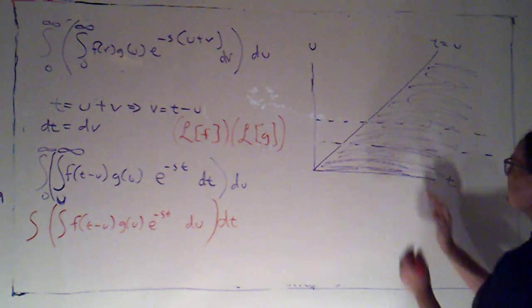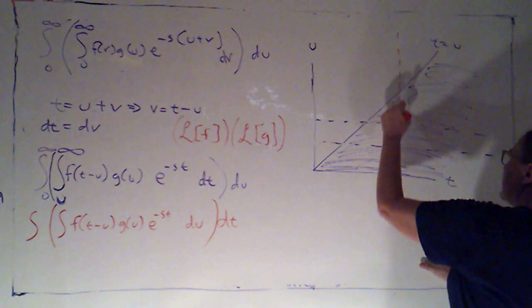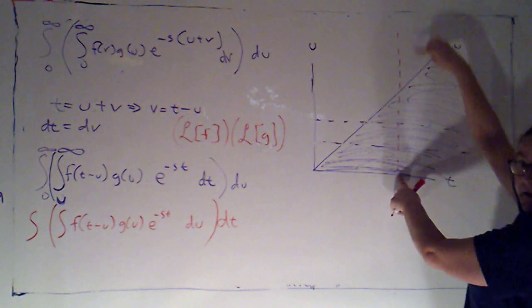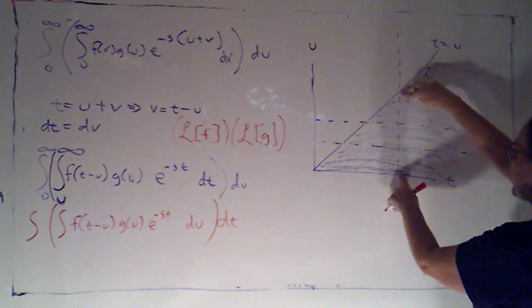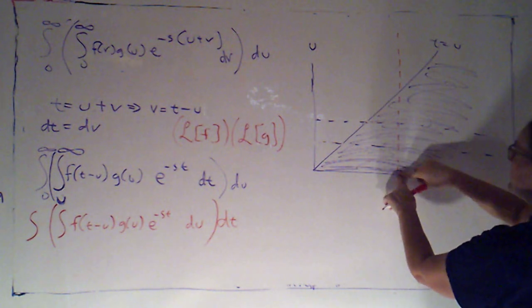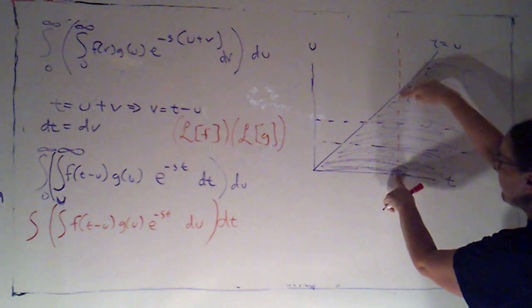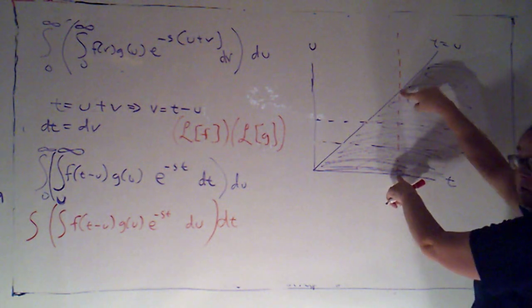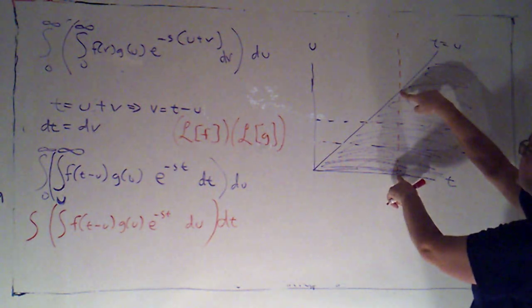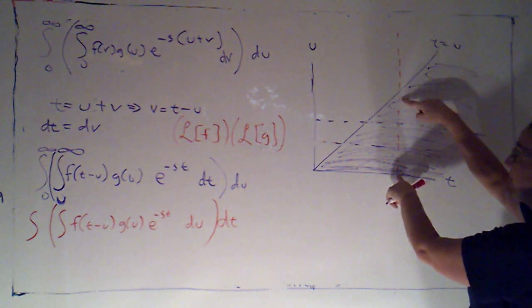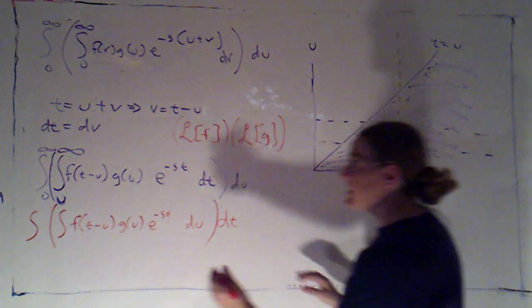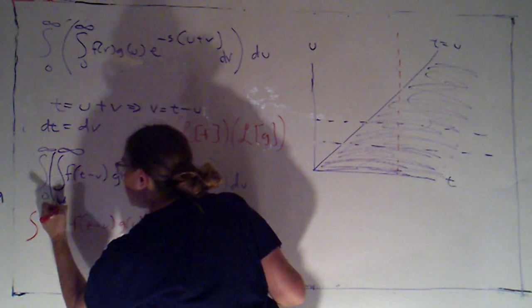So if t is fixed, I'm talking about basically a vertical line here. And I can see that for this value of t, my u values are varying from 0 to the u value on this line. But this line was the line u equals t. So it looks like u is going to go from 0 to t.